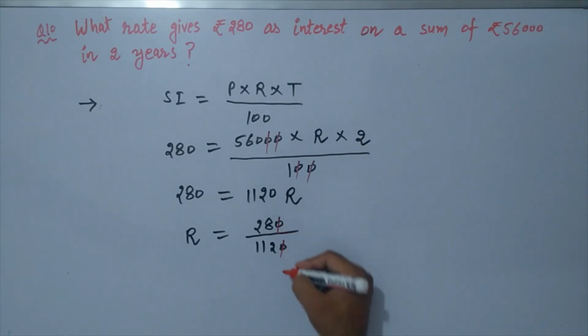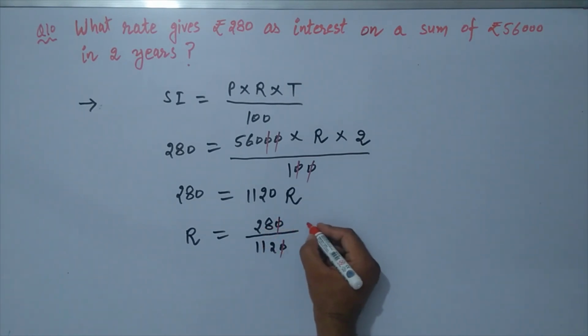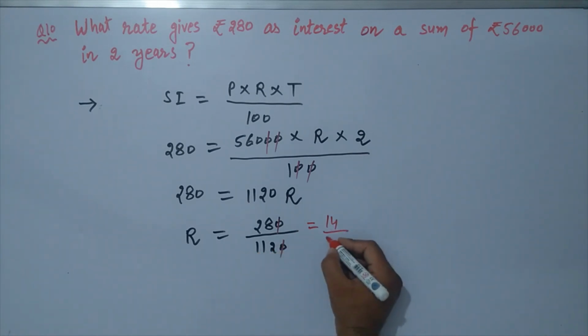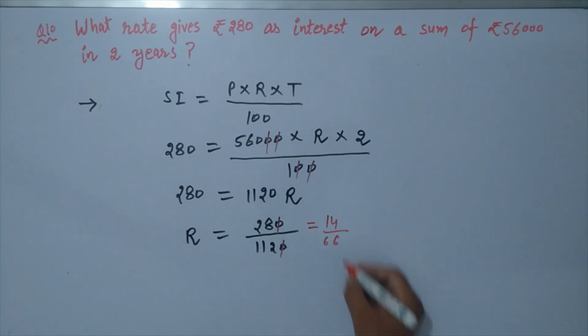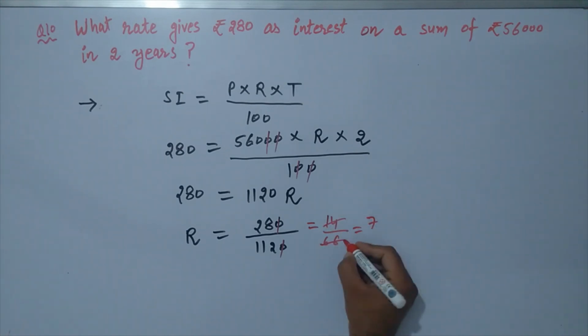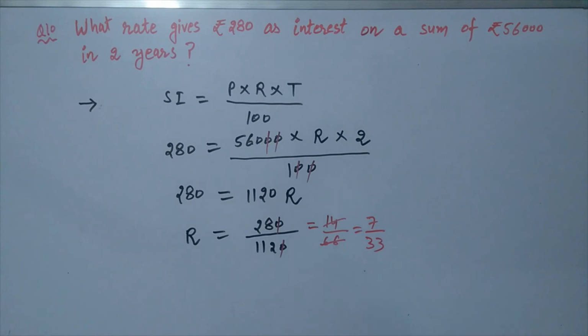Again 0 0 cancelled. We divide by 2. This becomes 14 and this becomes 56. Again we divide by 2, this becomes 7, this becomes 28.